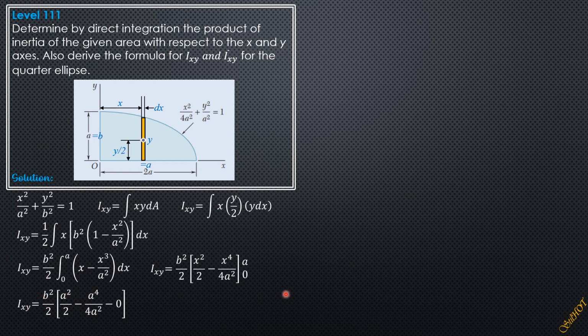Therefore Ixy is a square b square over 8. This is the formula for Ixy of an ellipse. Now, since a is 2a, we replace 2a for this problem, and b is a. So Ixy equals quantity 2a square times a square over 8. For this problem, the answer for Ixy is a to the fourth over 2.